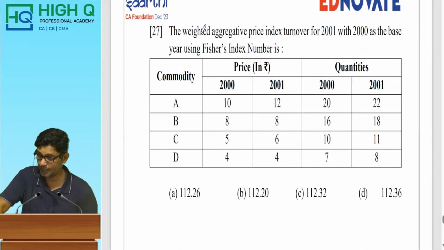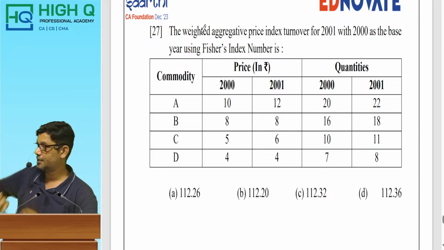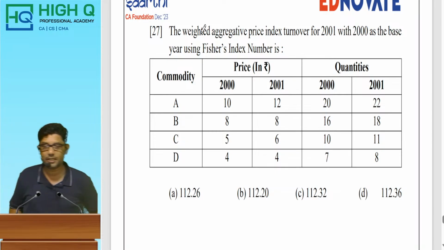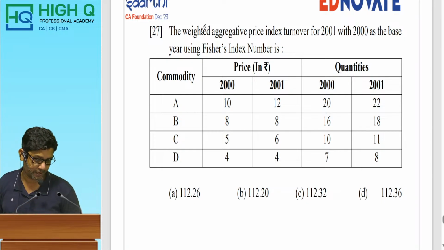Fisher's index number. I'm setting the time to 1 minute, because it is Fisher's index number. Rahul Raj, prices are not increasing, only quantity is increasing. Look at it very carefully.